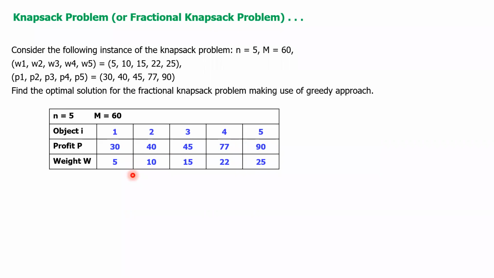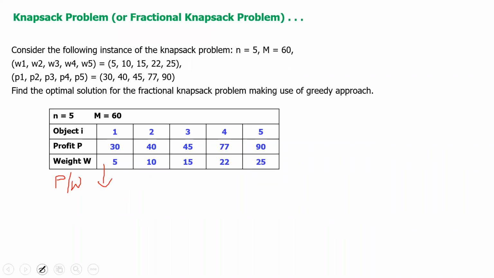Now, as per the greedy algorithm, we are going to calculate the P by W value, profit divided by weight, for each object. This we are calculating because if necessary, we will have to fill the item partially into the bag.